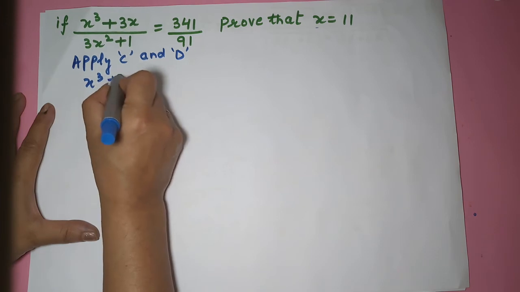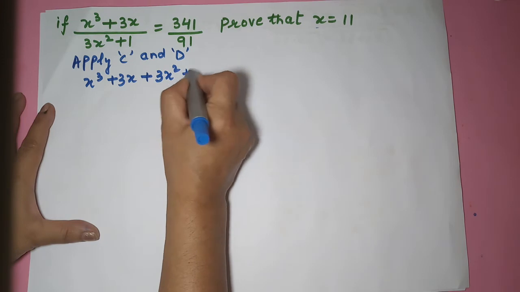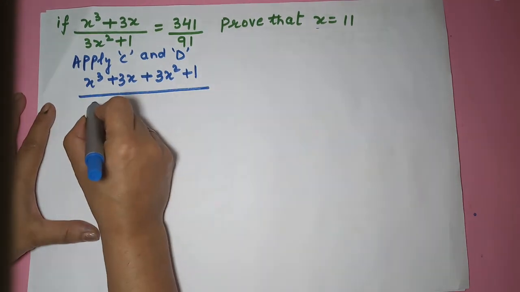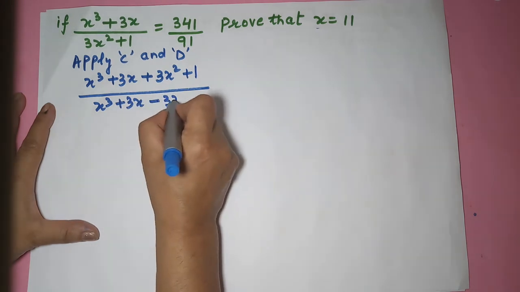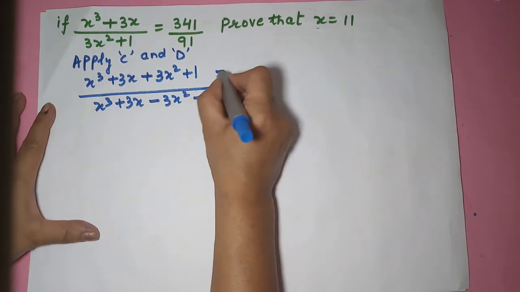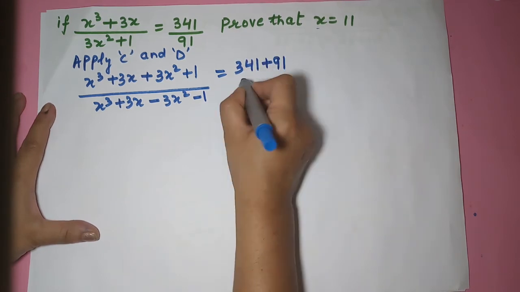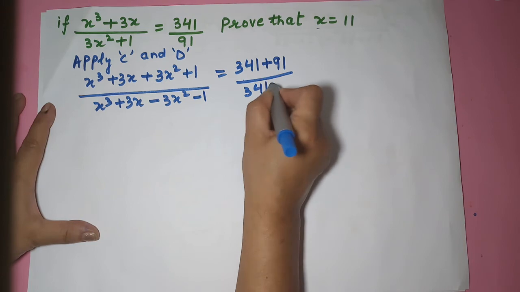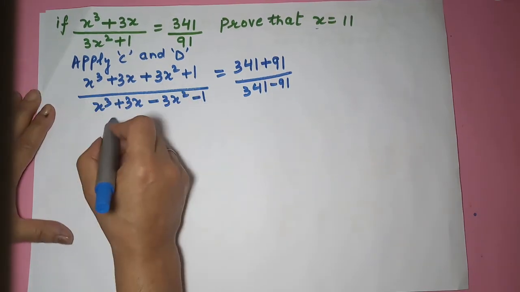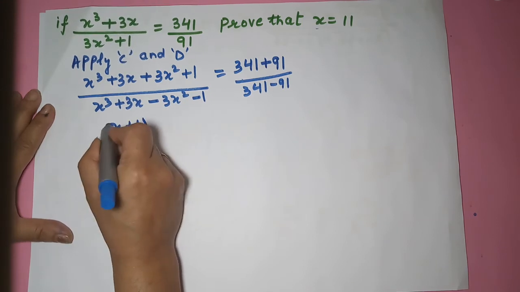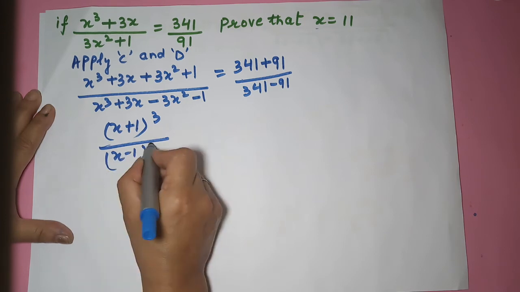Numerator plus denominator, I have 2 terms in the numerator, plus 3x square plus 1, divided by numerator x cube plus 3x minus denominator 3x square minus 1 is equal to numerator plus denominator upon numerator minus denominator. Fine. Now if we look at this closely, isn't it x plus 1 whole cube, and this is x minus 1 whole cube.